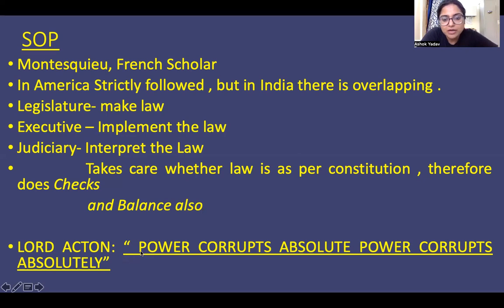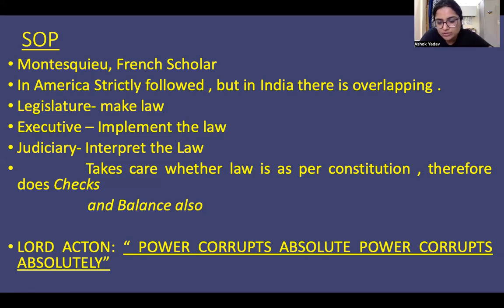he says power corrupts and absolute power corrupts absolutely. So you must remember this name, Lord Acton, right? He says power corrupts and absolute power corrupts absolutely. So what he's trying to say is that whenever you give power to any person, then that person tends to misuse that power, right?